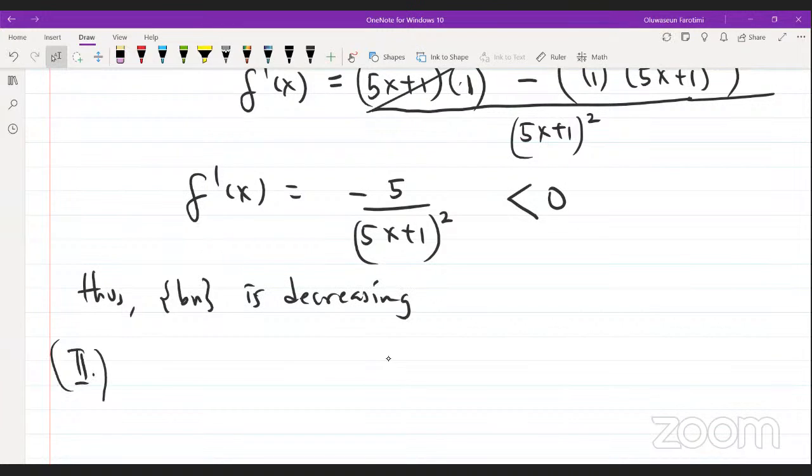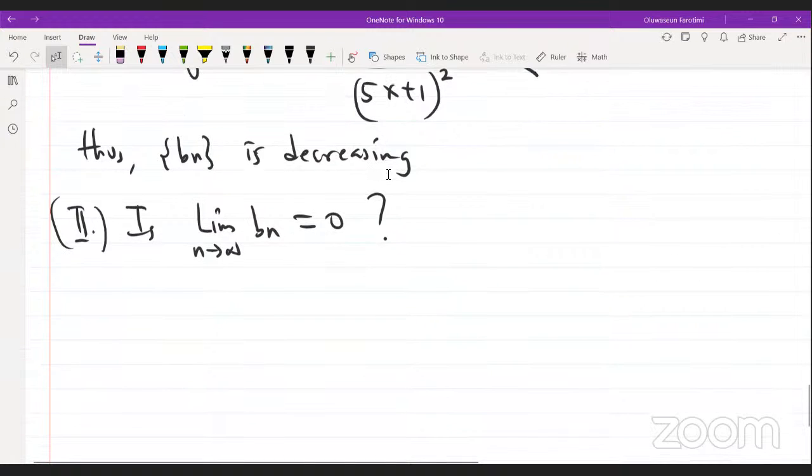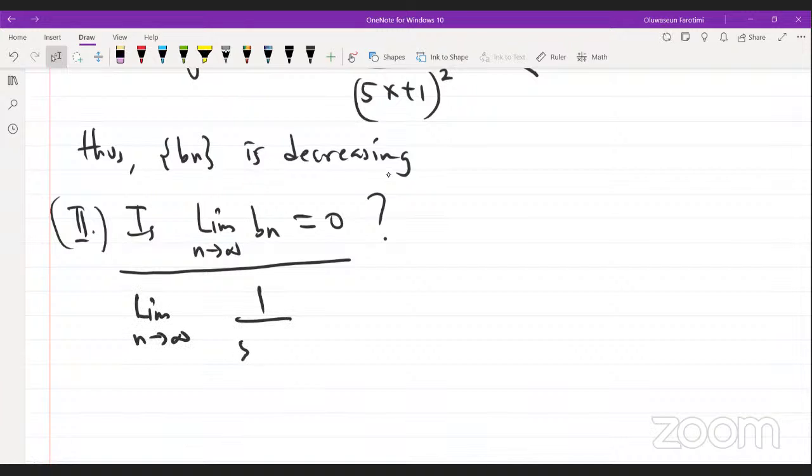The second part is that the limit as n goes large of Bn equals 0. If these two conditions are satisfied, guys, remember the alternating series test helps you to show convergence, okay? Is this true? Let's see. The limit as n goes large of 1 divided by 5n plus 1 is exactly 0.